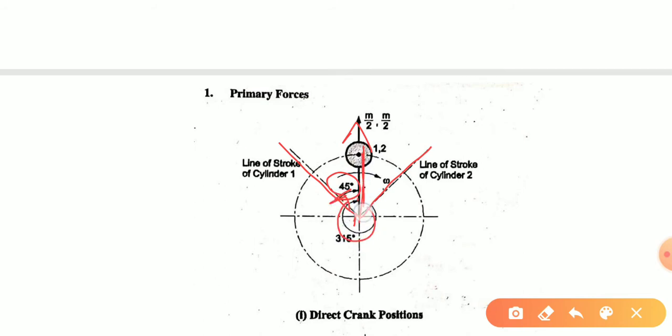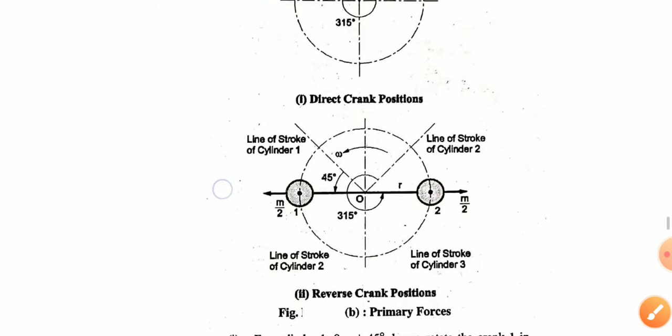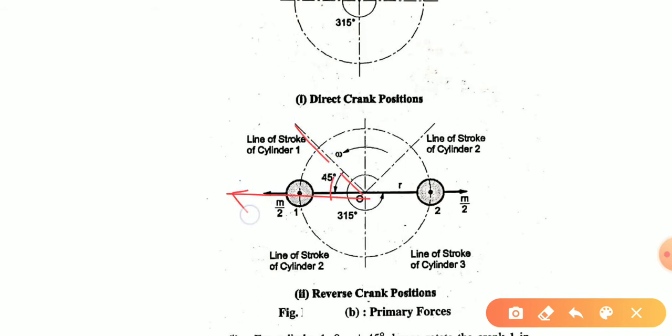So both masses will come in this direction for the direct crank position. For the reverse crank position, from the line of stroke we go in the negative direction, so this will be the m by 2 mass, and likewise for the other.